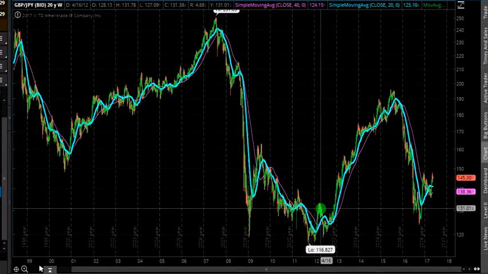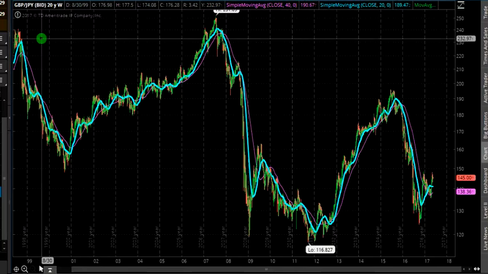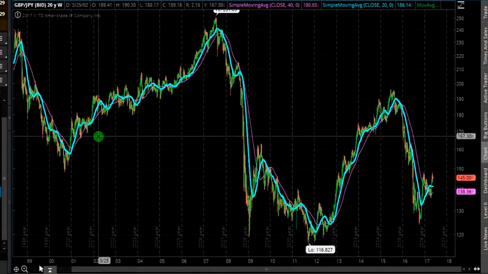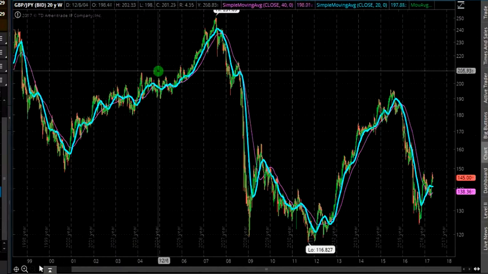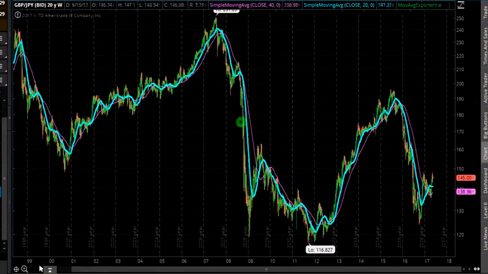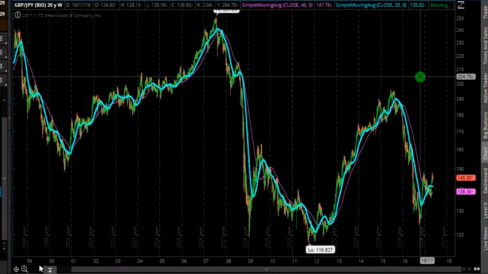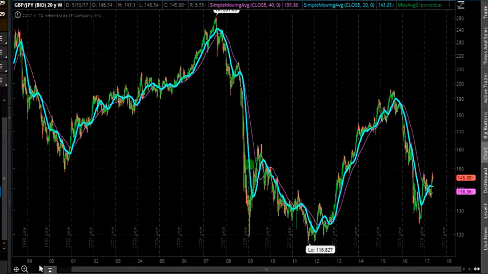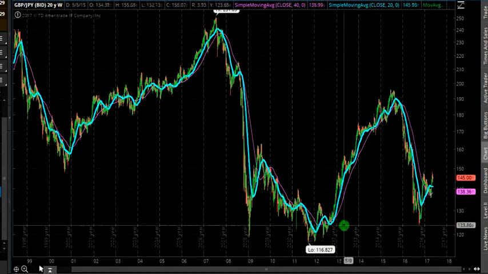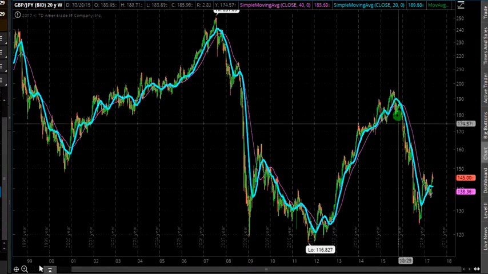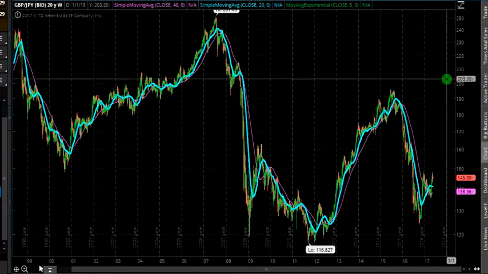Corrective. I mean, this looks like a wave 5 here. I can't see what was before this, but this was probably a wave 5, and then this is like an A, B, C. Maybe this is the first move off the bottom, and we're just entering into a wave 3.